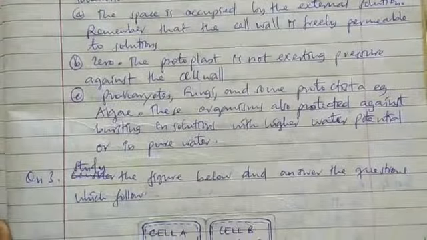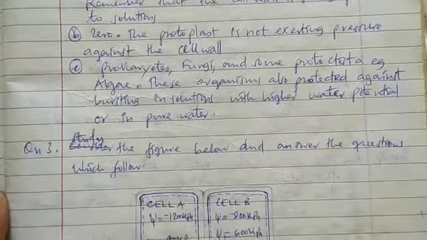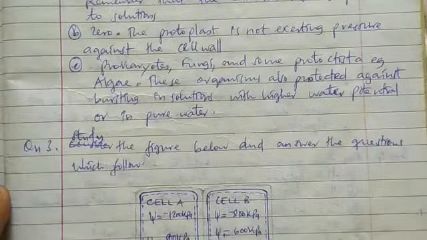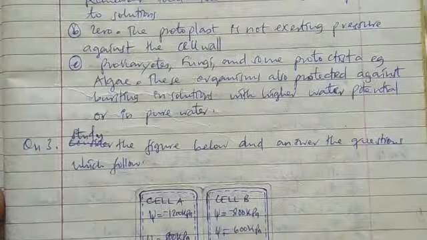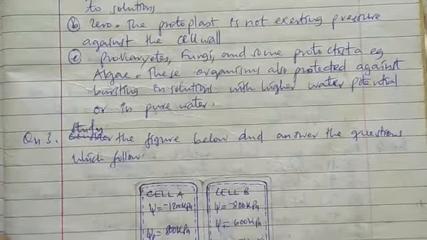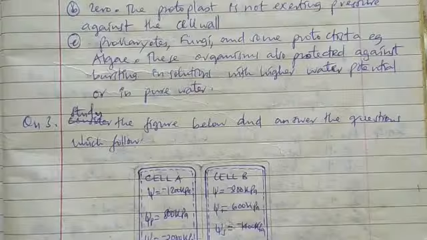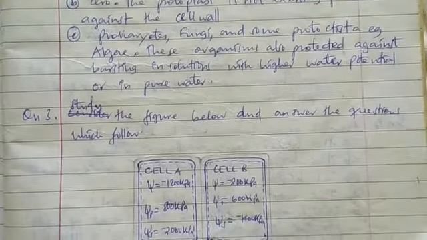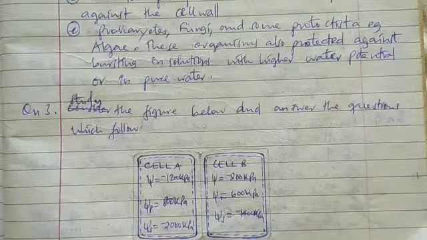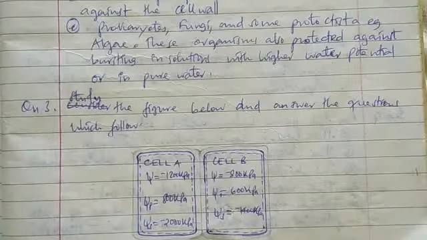Now we have question 3, and it is from the biological science book. It is a somewhat technical question, but it's not so far from question number 1. We are told to study the figure below and answer the questions which follow.